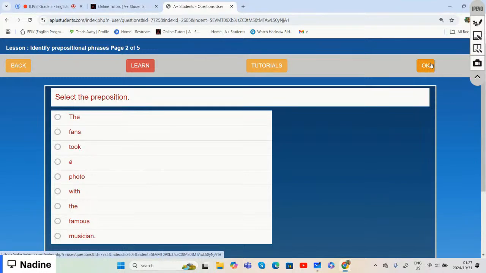The fans took a photo with the famous musician. We need to select the preposition only. Which one is correct?